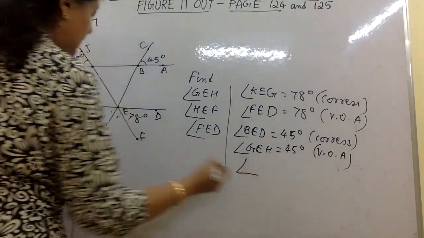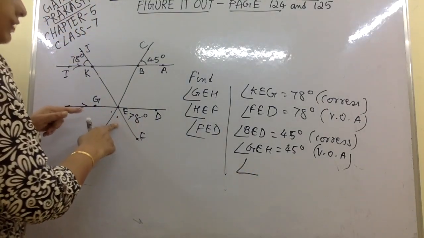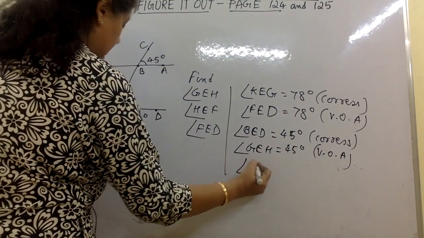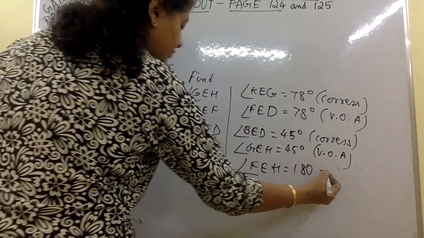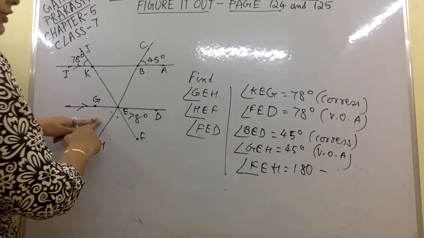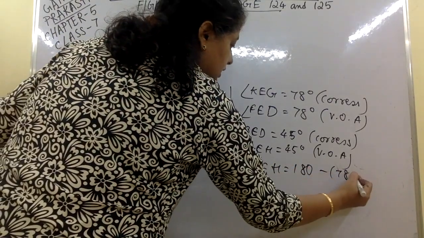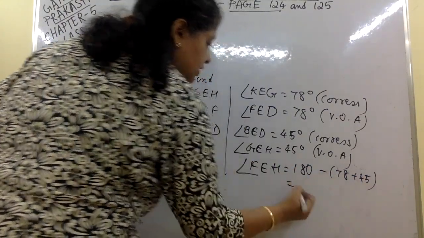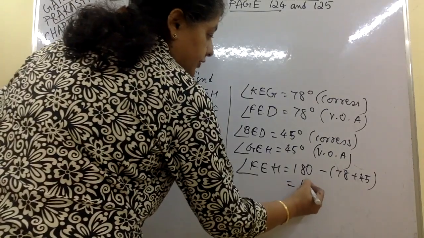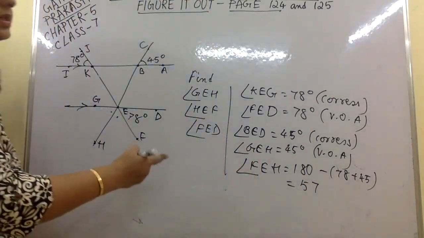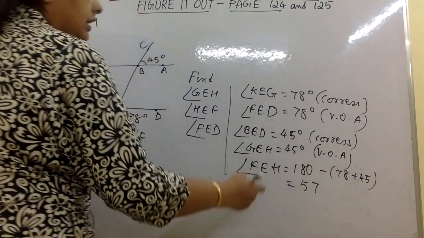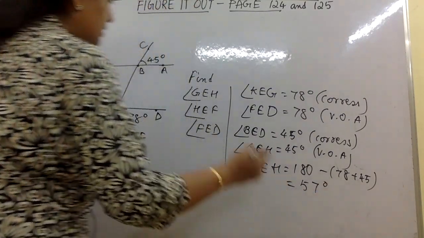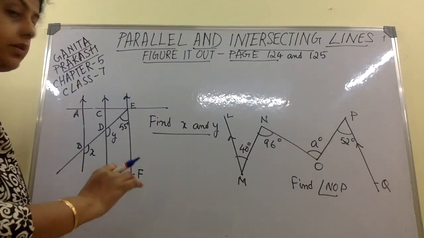And then this one will be angle FEH is equal to 180 minus, here 78, here 45. 78 plus 45, which is equal to 57 degrees. Okay, so this is 57 degrees, you can check it. So we got all the angles.